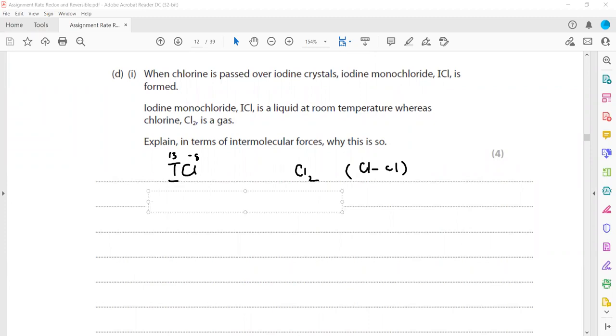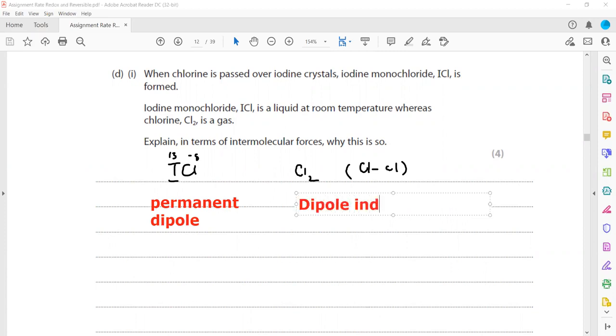So here we can mention the major force will be permanent dipole. Whereas in the chlorine molecule, because two atoms are sharing electrons equally, the shared pair of electrons is not shifted towards any side, which leads to induced dipole force.